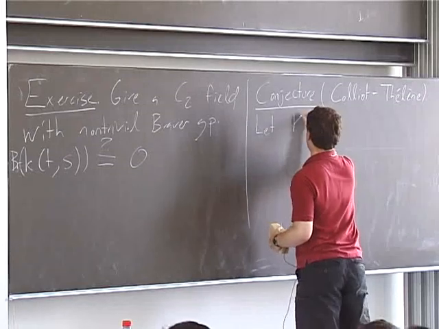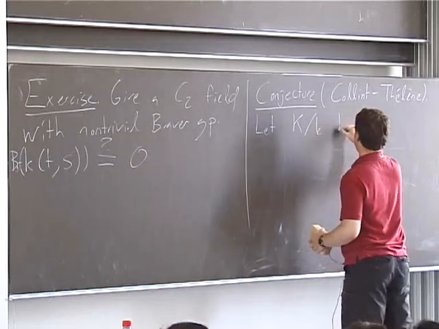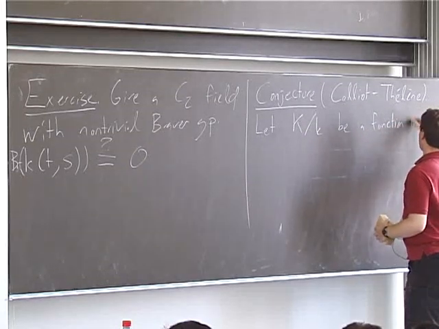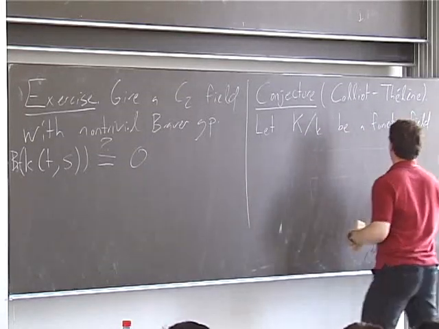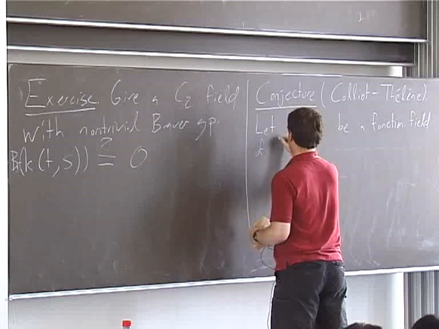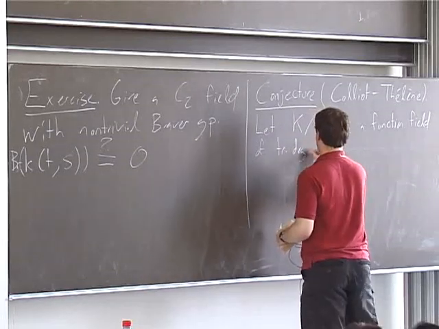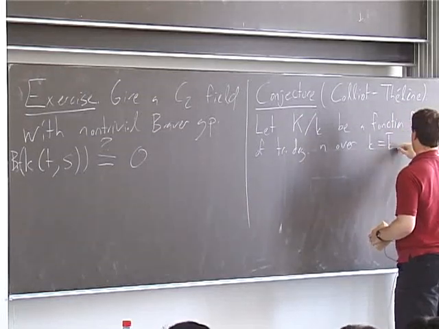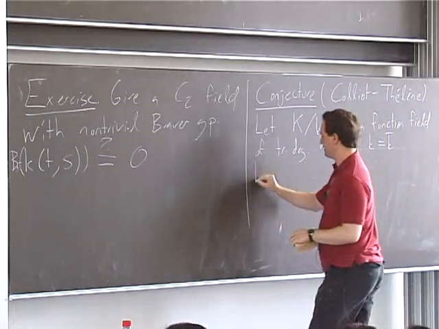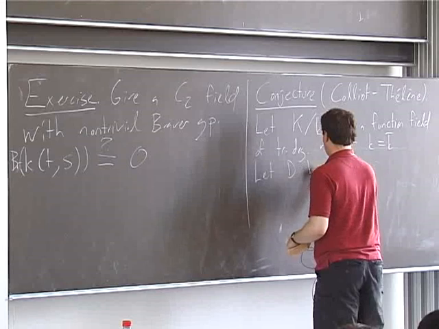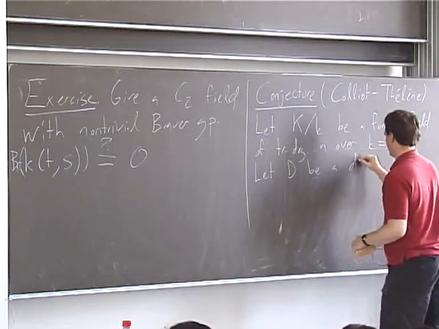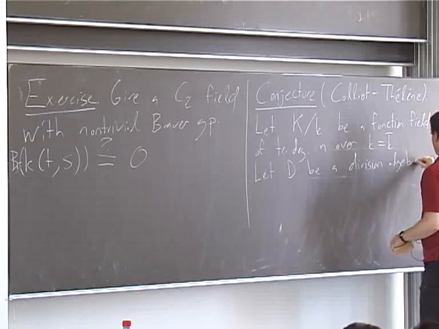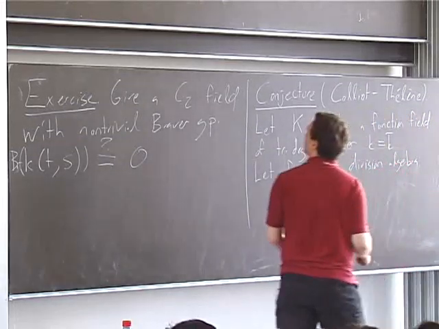Let K over little k be a function field of transcendence degree n over an algebraically closed field, and let D be a division algebra. There are these two invariants associated to the division algebra.